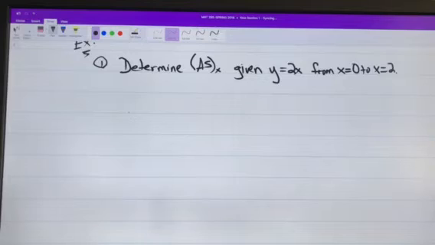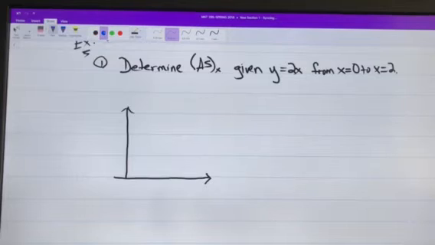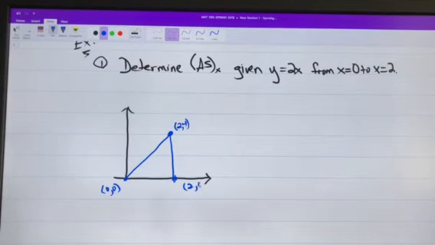So we have, in the case of illustration here, 2, 4, 0, 0, 2, 0 as the corner points.